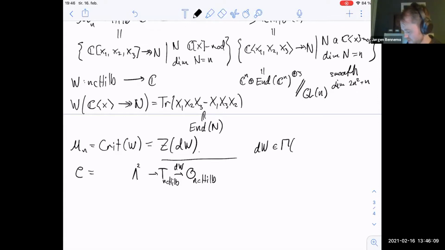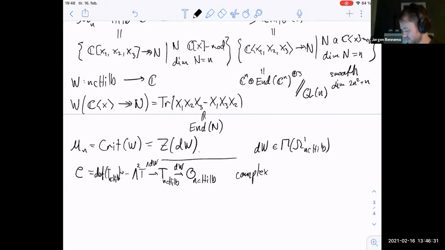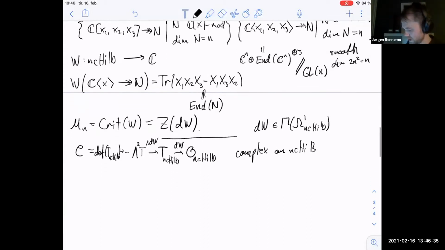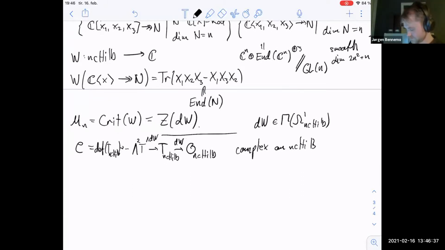So this is a section of omega-1 on NC Hilb, and then write down the associated Koszul complex. So this is some complex of sheaves on NC Hilb.